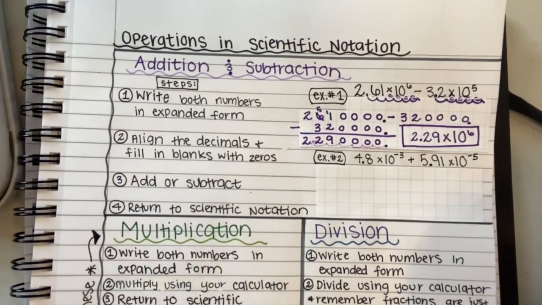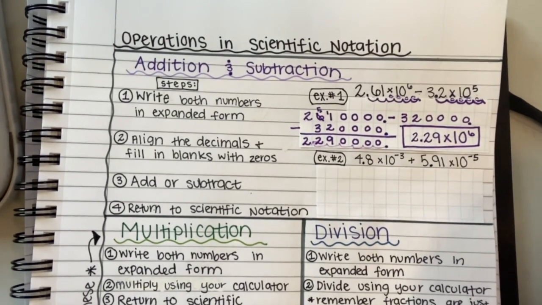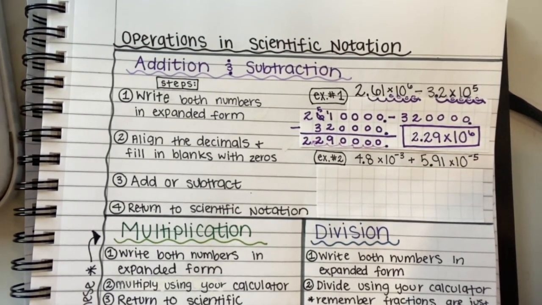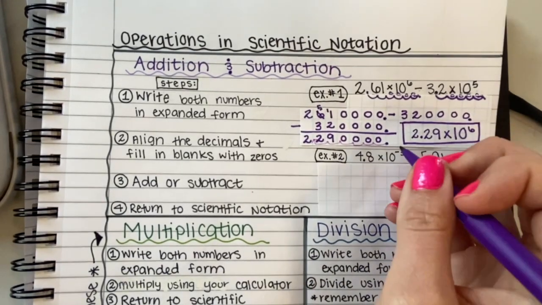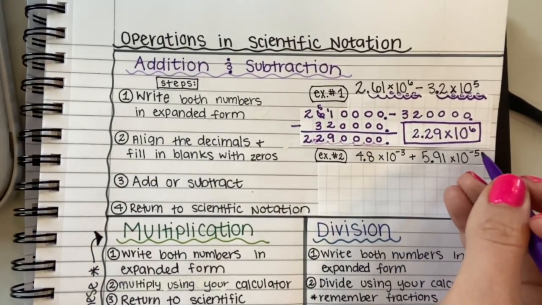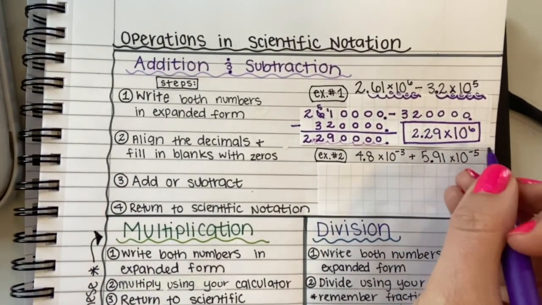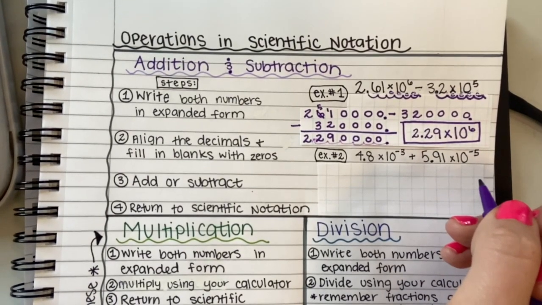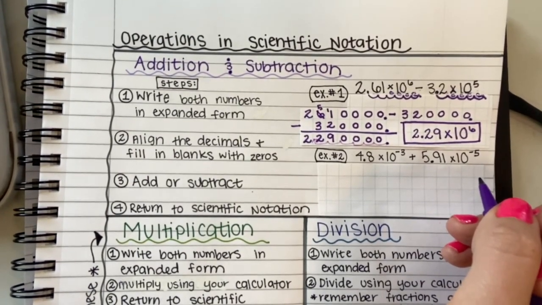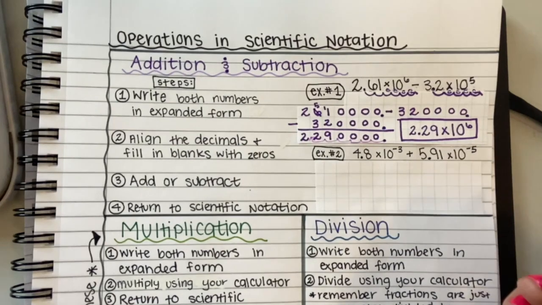It's going to be the same exact way for addition, except instead of doing subtraction, you just do addition. This time I'm going to show you an example with negative exponents, because we want to practice going to and from scientific notation with negative exponents. My first step is to write both numbers in expanded form.